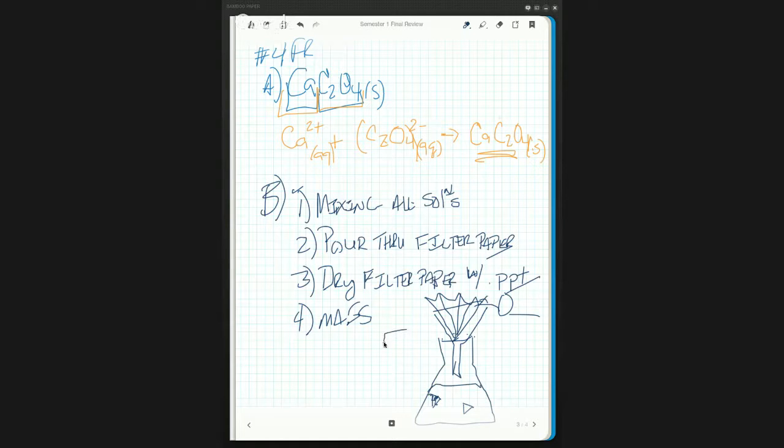But you have to add, remember this thing where you drew them. So these squares here represent the precipitate, which in this case would be the CaC2O4. So that's what these are. They were caught with the filter paper. Down here, the triangles would be the ions that were filtered through.